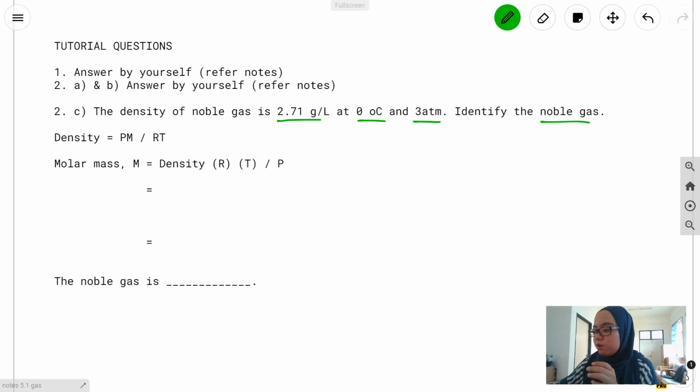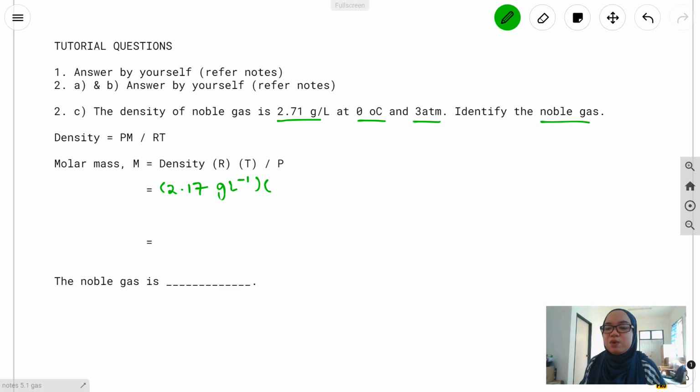When we derive the equation, we know that the density equals pressure times molar mass over RT. When we rearrange the formula, the molar mass equals density times RT divided by pressure. So we just substitute all the information given: 2.71 gram per liter times R. Which R do we want to use?